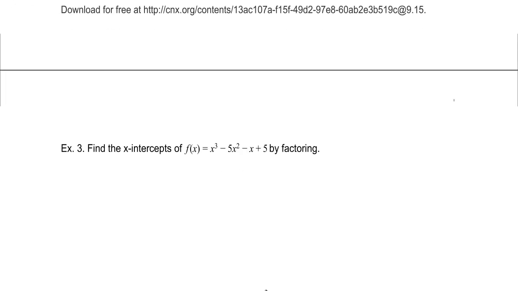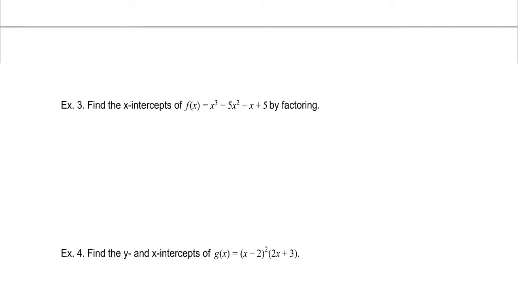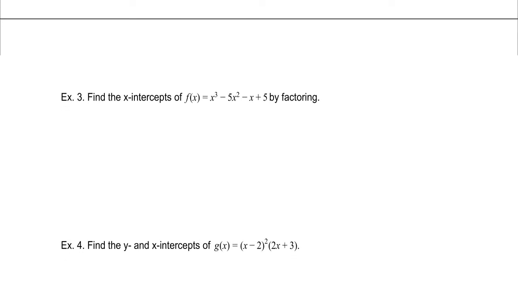Next, find the x-intercepts of this function by factoring. Now, this one is a third degree polynomial, and I'm not seeing a greatest common factor. I'm going to go ahead and factor this by grouping.